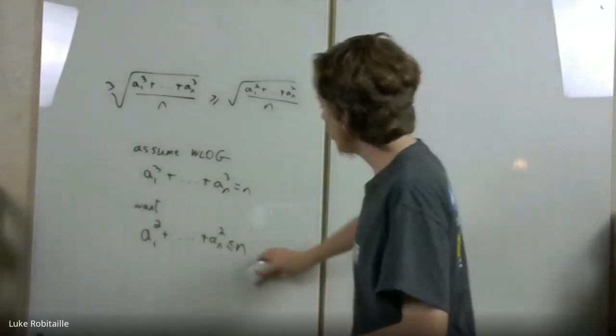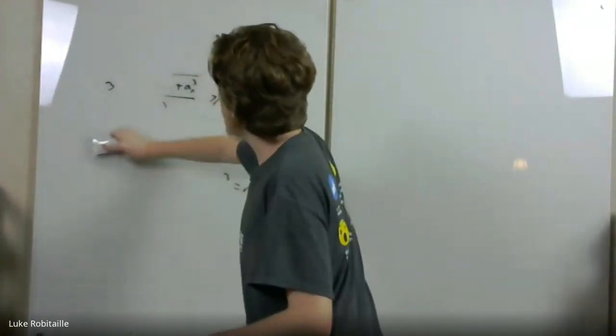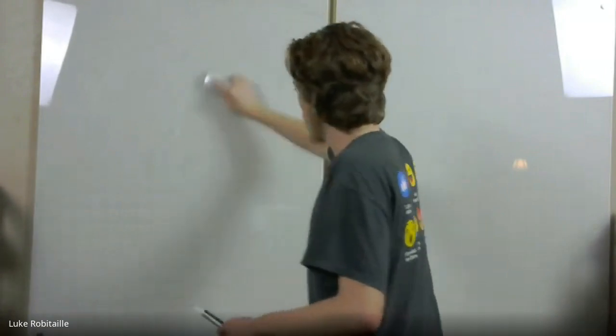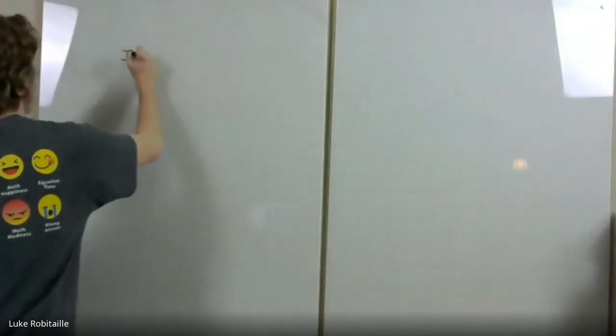So for the moment, if people really want to see an example of weighted AM-GM and also want to kill a problem from the IMO, let's have a look at IMO 2020 problem 2.